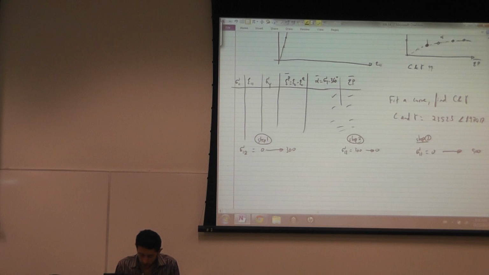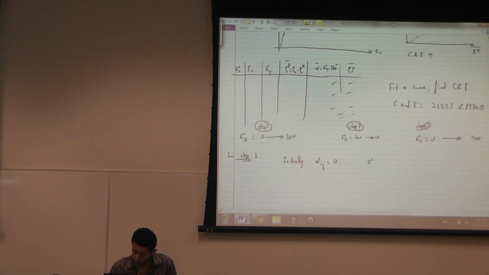So in step 1, initially, alpha ij equals 0. We know sigma y alpha is equal to 360.